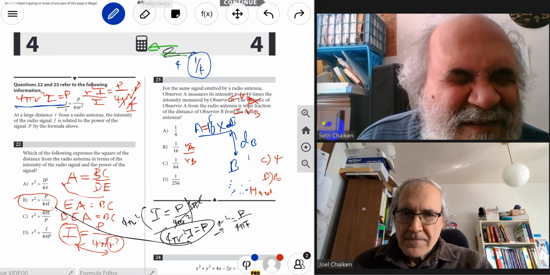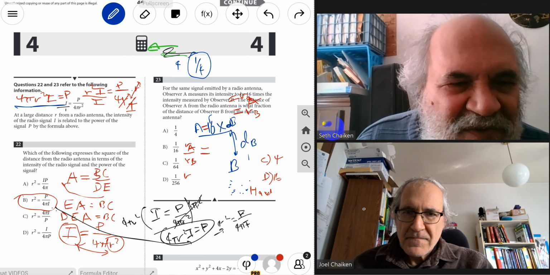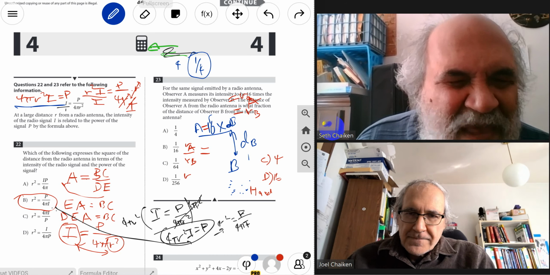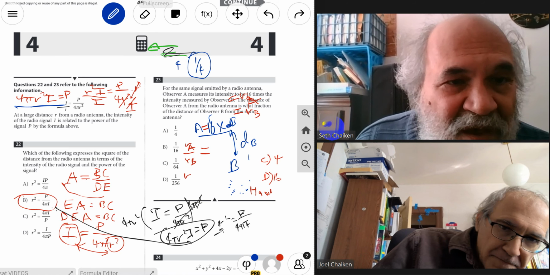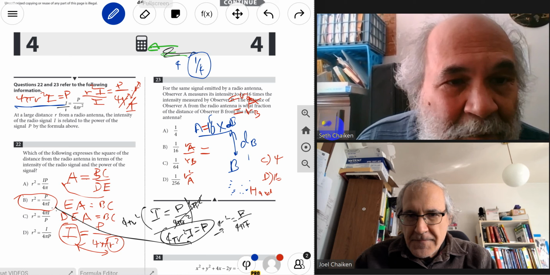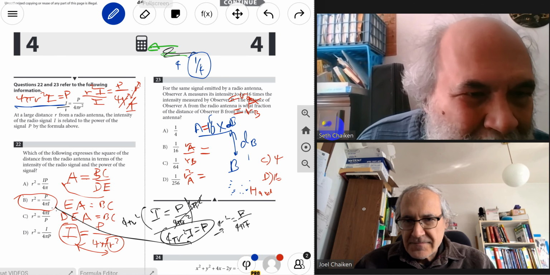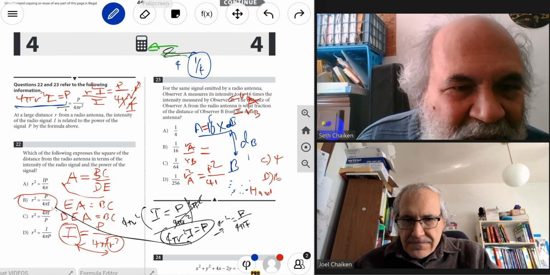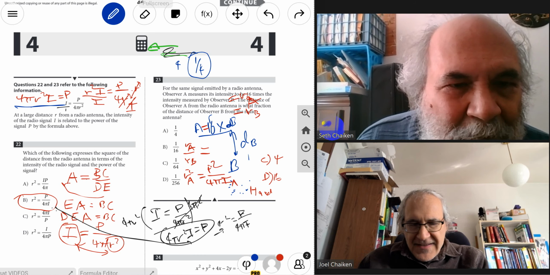Okay, I'm going to write it like I did. On scratch paper, if you take the answer applied to A and applied to B separately, R sub A squared equals the constant P over 4 pi times the intensity at A. Exactly, that's where I was heading.